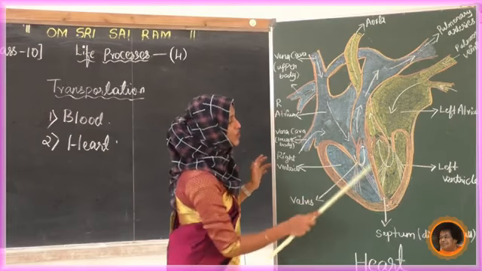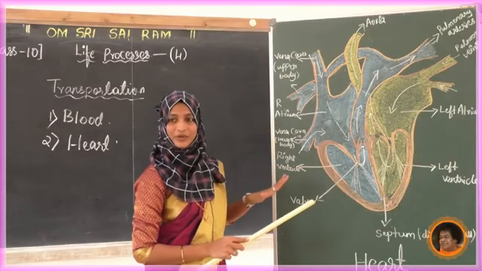From here we can see one more pipe, which I have also colored blue. This is the pulmonary artery. Look at the name, pulmonary artery. All the blue colored pipes and regions I have named. Am I correct?